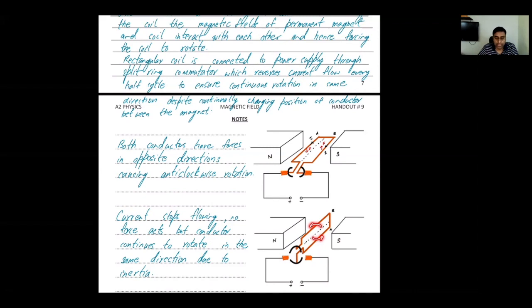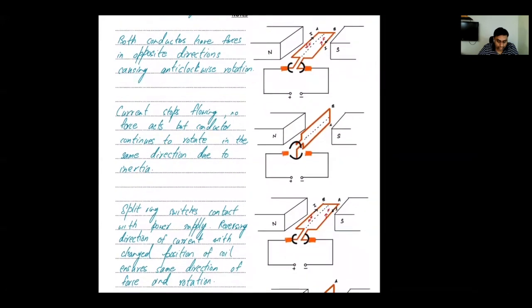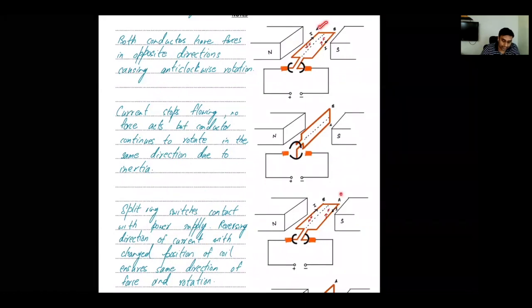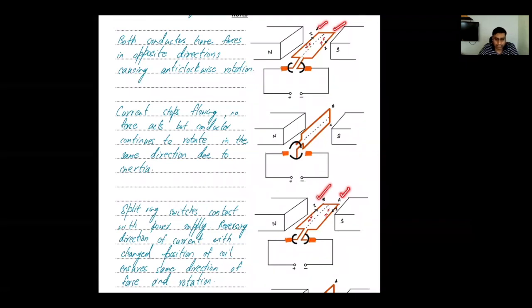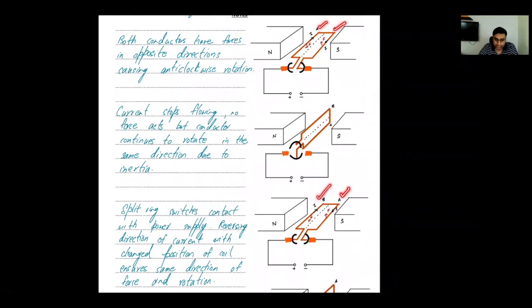The reason being the inertia of the coil. So as they continue to rotate, they would switch the positions. Conductor A will come into the position of B, and conductor B will come in the position of A. And the structure actually supports this particular change of position.